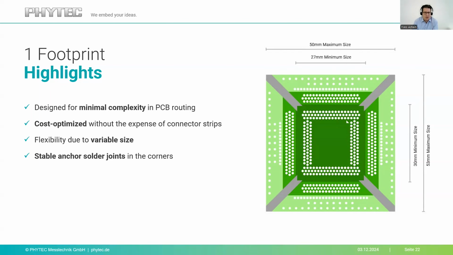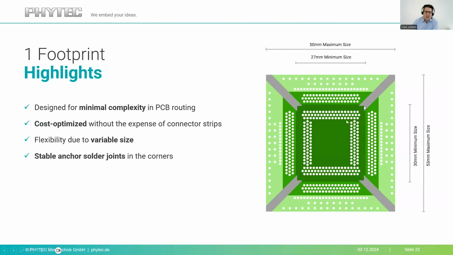And we also added stable anchor joints, solder joints, to add stability to the solder connection, because we've experienced that, even in harsh environments with drop testing from 1 meter, and also vibration and shock testing according to automotive specifications, these solder joints are most rugged.